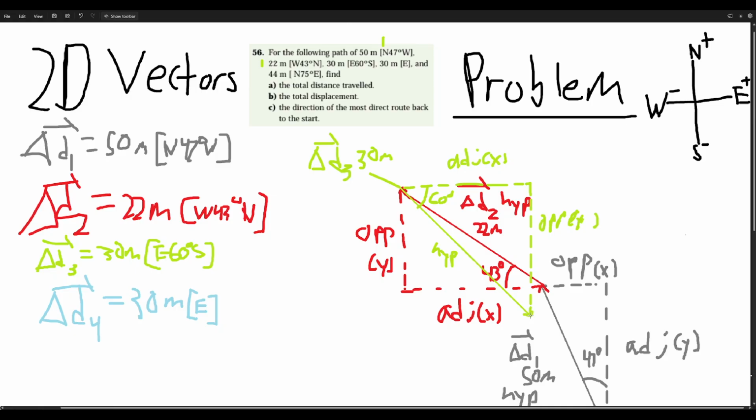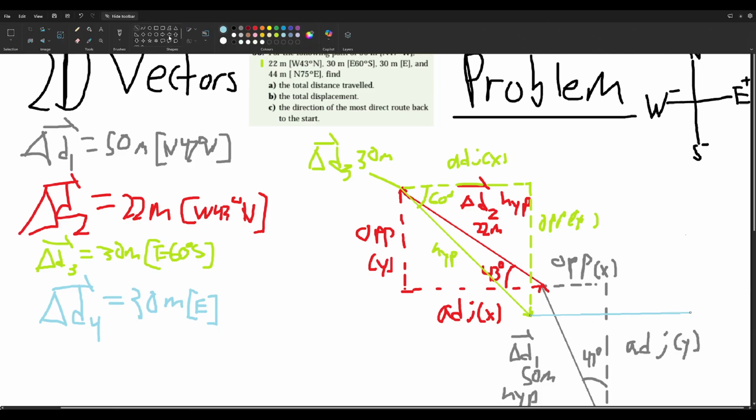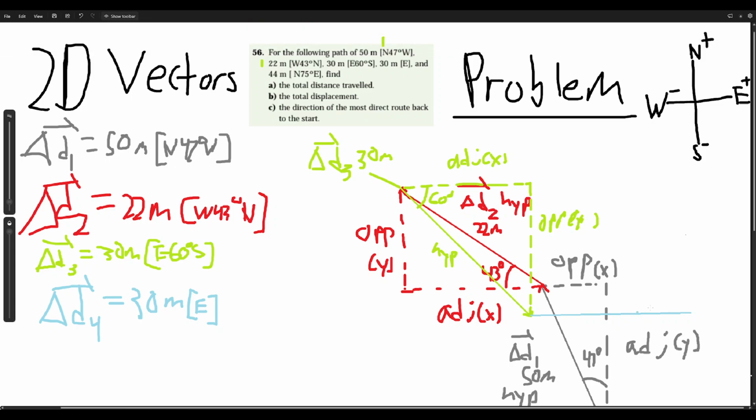East is just a straight line to the right. So we can say that is about 30 meters to the east. And this one will be pretty easy to label. You can just label it as D4, 30 meters.